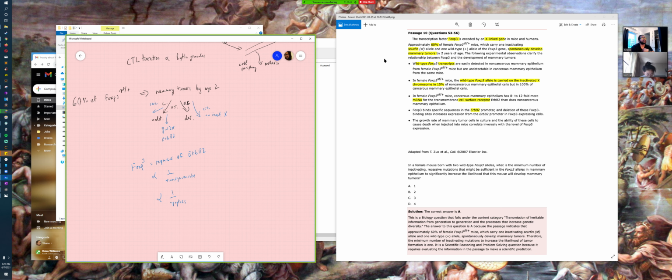Okay. Where does the recessive part come in? Inactivating recessive mutations.